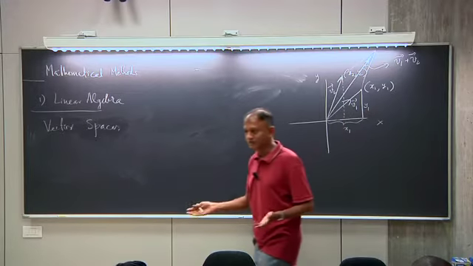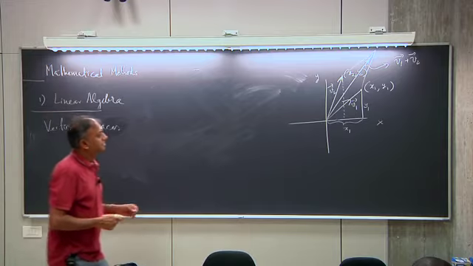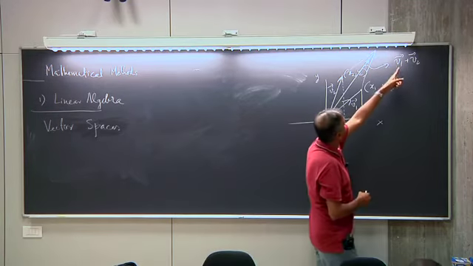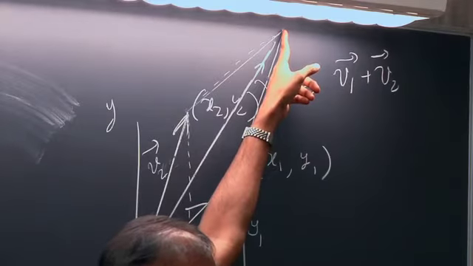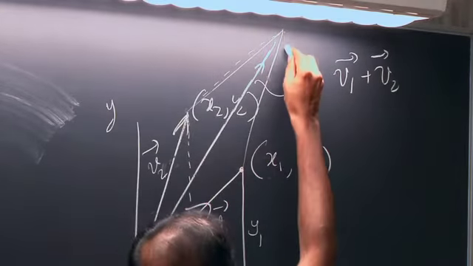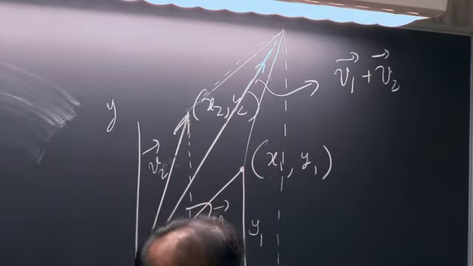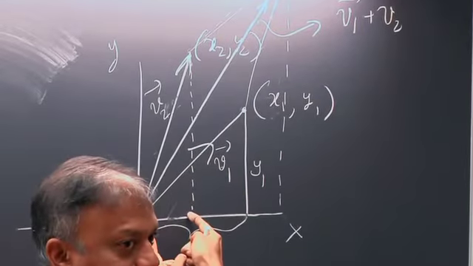I think you're all familiar with this, the rule of addition of vectors. Well, if I do that, you can ask, for example, what is the coordinates of this point? Well, if you draw a perpendicular down here, this length clearly will be equal to that length plus that length, right?